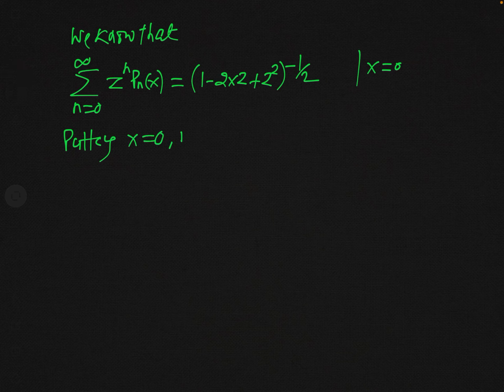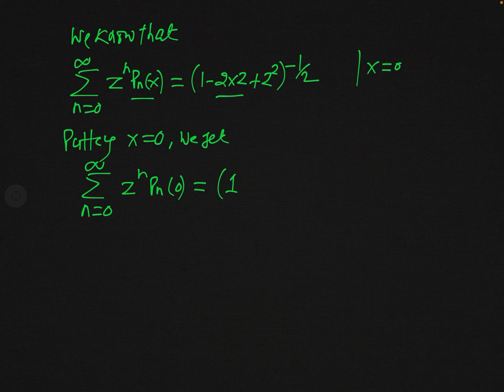Putting x equal to 0, what will you get? You can see this will be the summation n from 0 to infinity of z to the power n and Pn of 0, because x is 0 here.